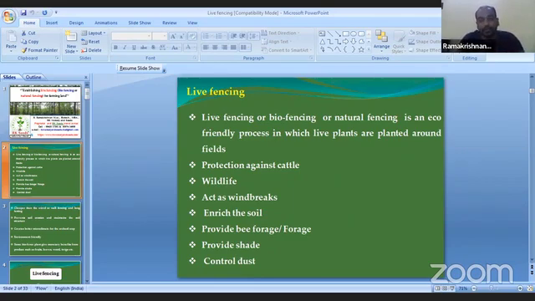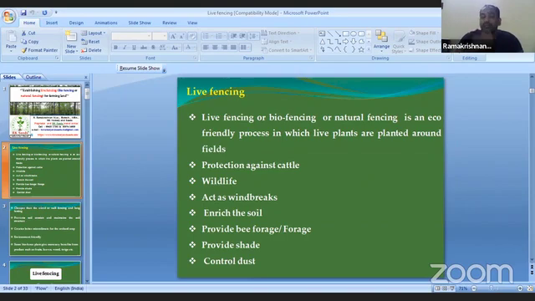So it acts as a windbreak and enriches the soil. I am already saying it enriches the soil nutrients. How can live fencing enrich the soil nutrients? Because we establish live fencing, the leaves fall on the ground, and that leaf automatically becomes green manure for our soil. What are the suitable trees for live fencing?